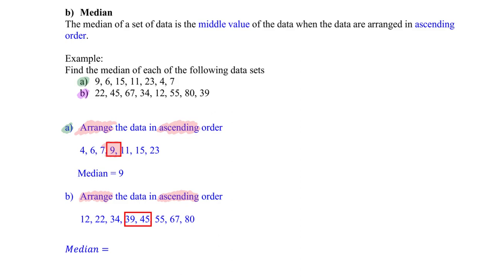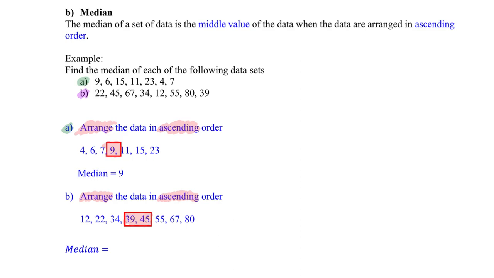And when I try to get the middle value, I realize I do not have a particular data that is right in the middle. In this case, instead, I get two values in the middle.